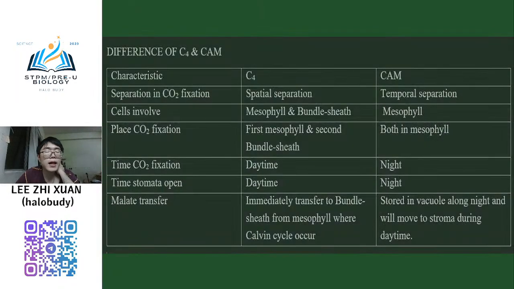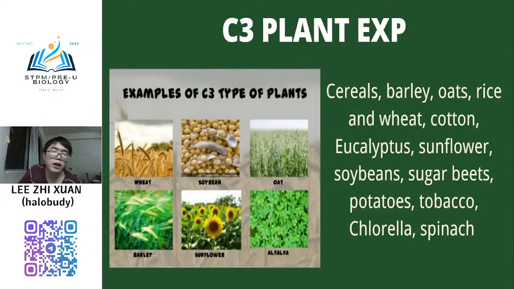Okay, and this one is also very important, because nowadays MPM very much likes to use examples. Nowadays they will not use it in essay questions directly. MPM likes to use the plant name and want you to write out the mechanism process. Meaning that if you don't know the plant examples of C3, C4 and CAM, you won't know which pathway it is: the C3, C4 or CAM pathway.